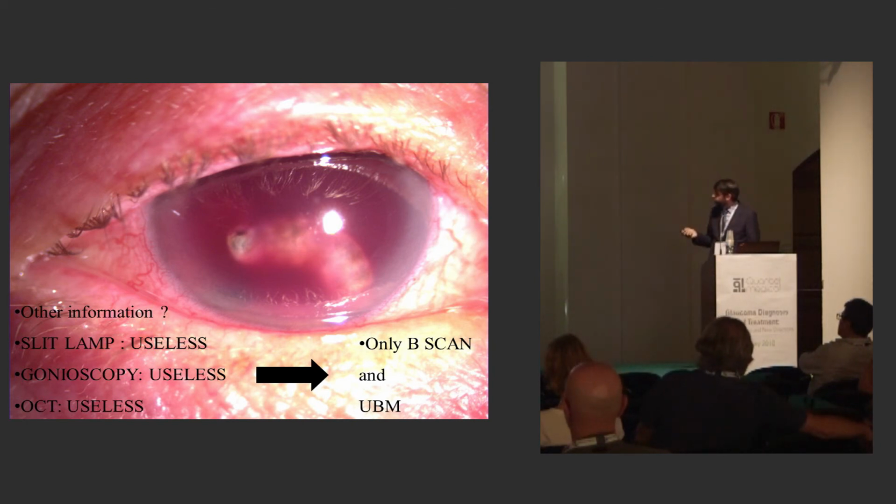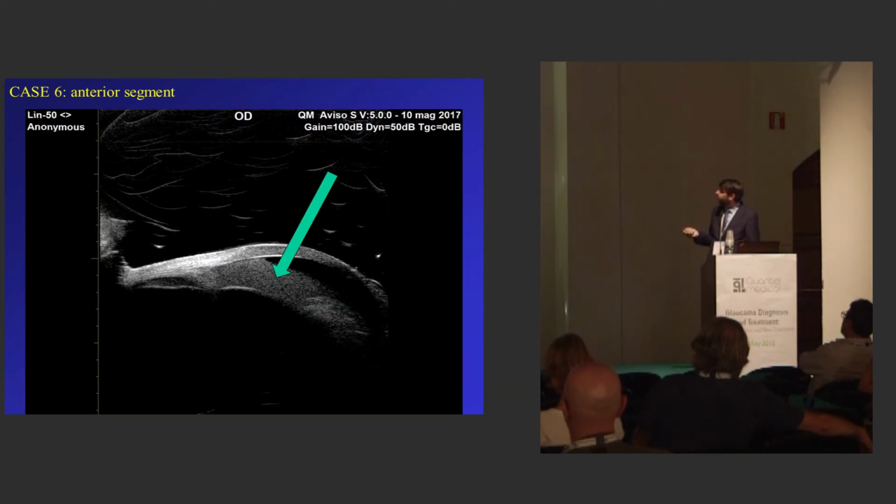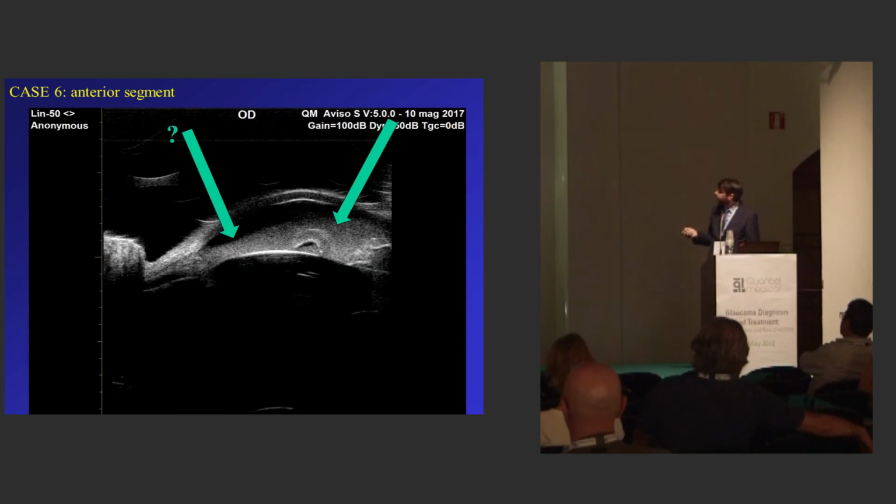And so I followed the patient at first only with B-scan and UBM, because in the posterior segment you can see only vitreous hemorrhage.